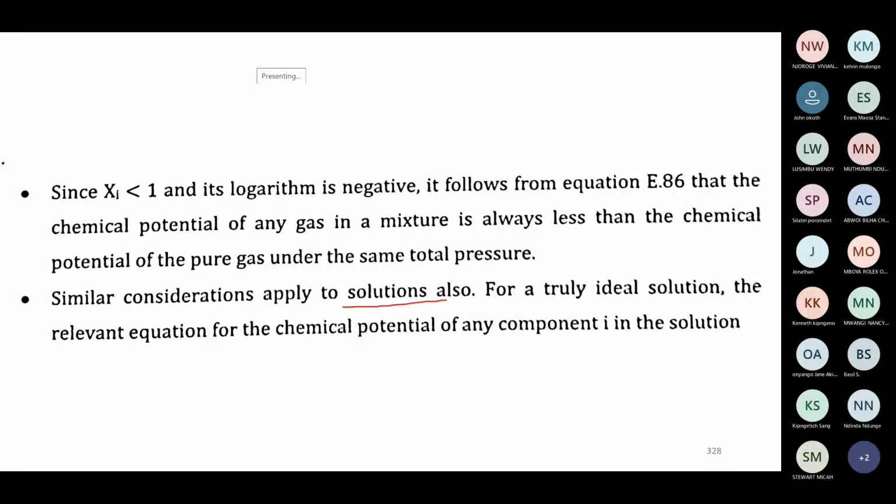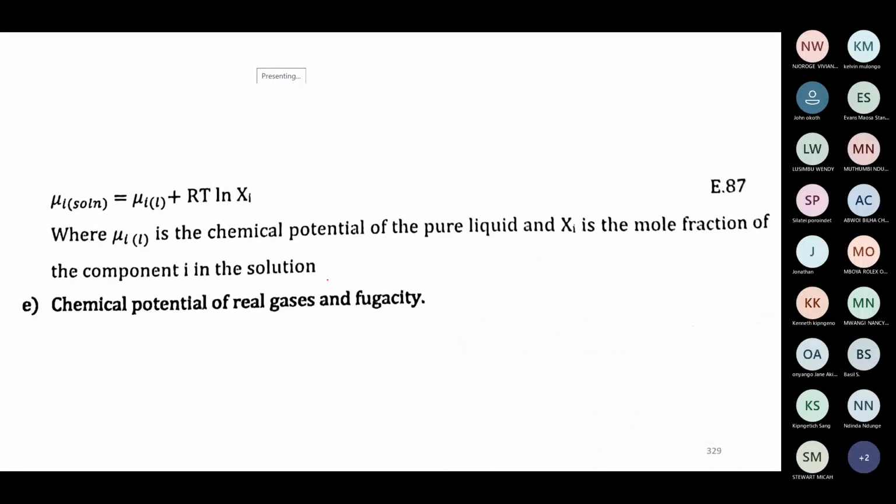For a truly ideal solution, the relevant equation for the chemical potential of any component i in the solution is given by this. We have this expression here for a solution.